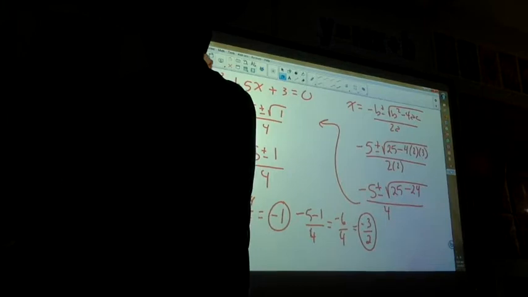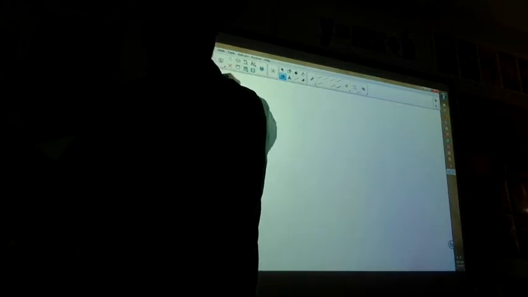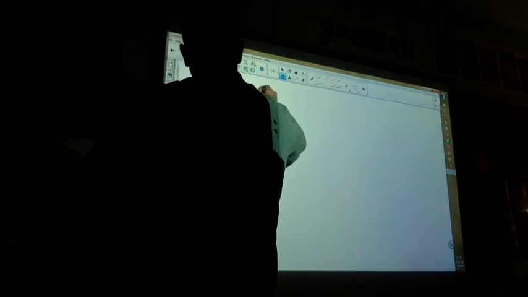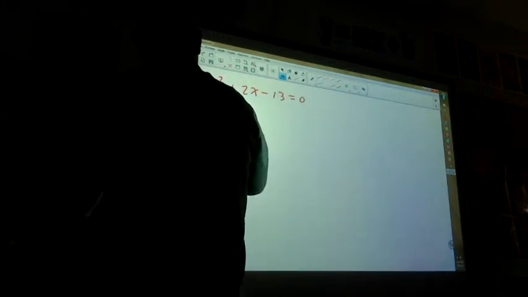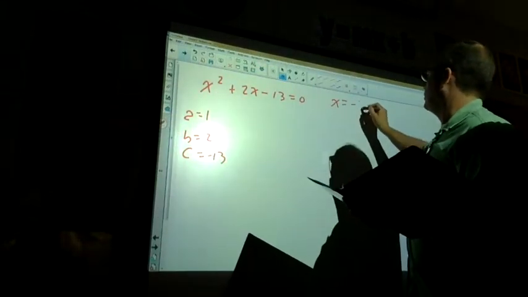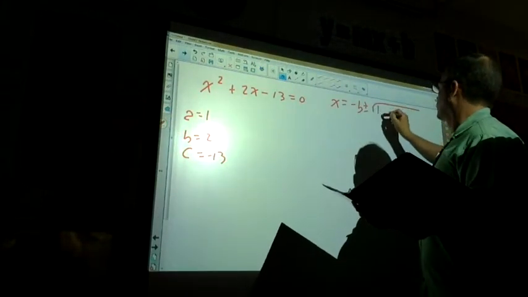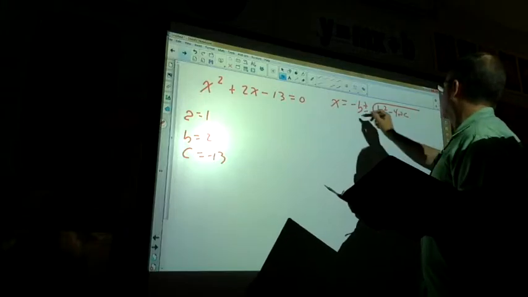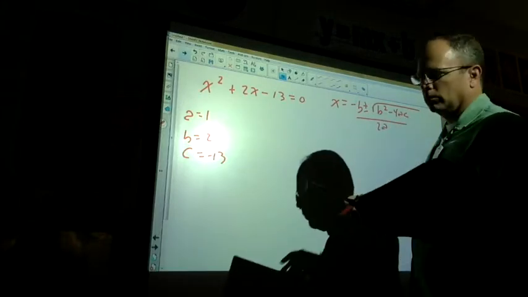Let's take a look at number 5. So going across the page. My A value is 1, my B value is 2, my C value is negative 13. Okay?